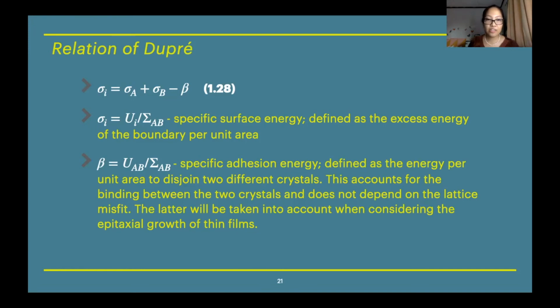It is defined as the energy per unit area to disjoin 2 different crystals. This accounts for the binding between the 2 crystals. This parameter beta does not depend on the lattice misfit. What is the lattice misfit? It's the difference in the lattice parameter of substrate and the layer divided by the lattice parameter of the substrate. The lattice misfit will be taken into account when considering the epitaxial growth of thin films.